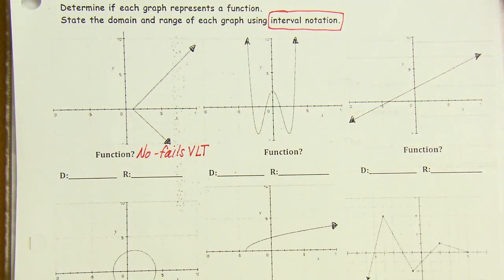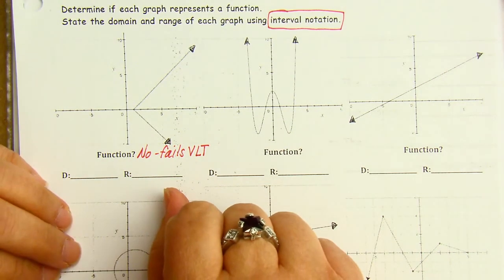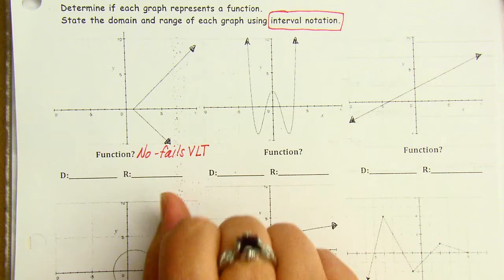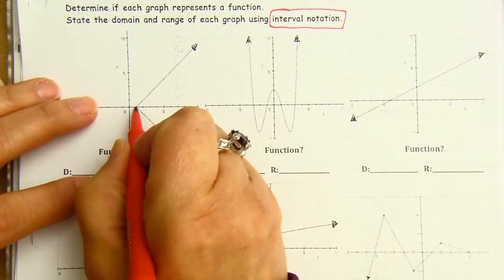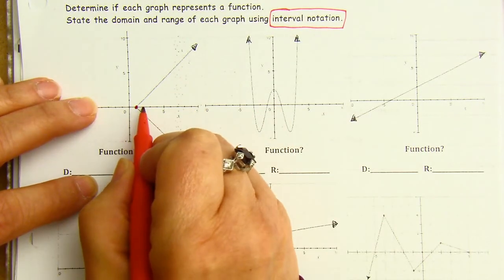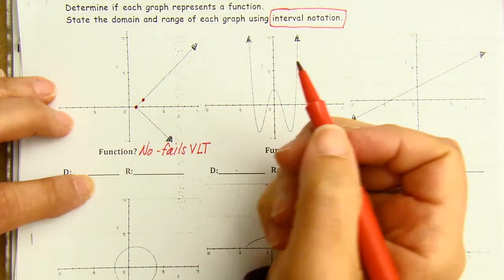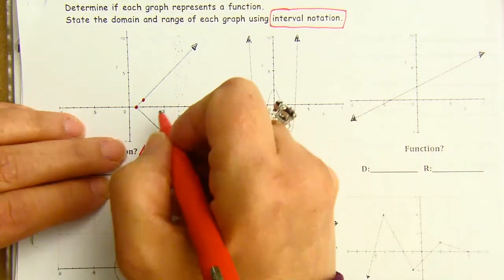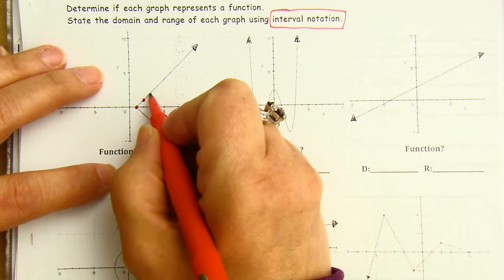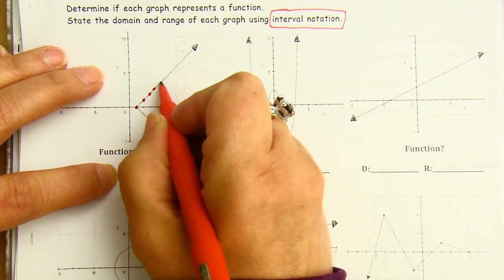Now, what is a domain? Remember, the domain are the x values. So you have to look at values of x that would be found on the graph of this function. The first value of x is right here. 1 is on there, 2 is on there, not here, but if I follow this up, that ordered pair has an x value of 2. 3 would be on there, somewhere up here. 4, and of course 5.